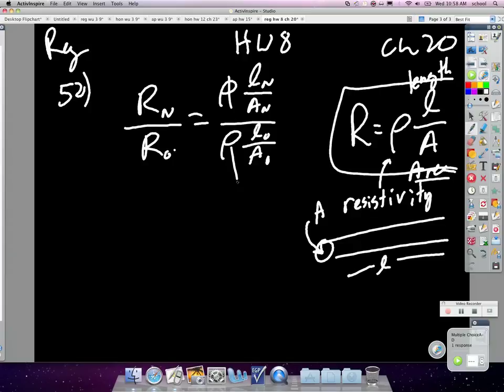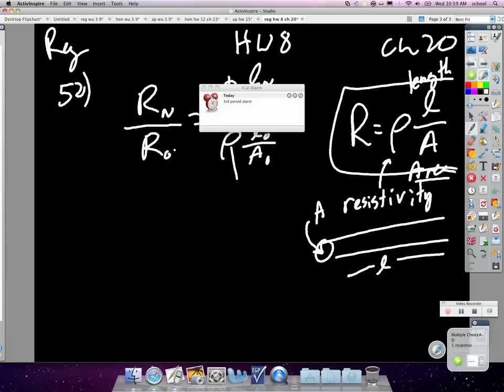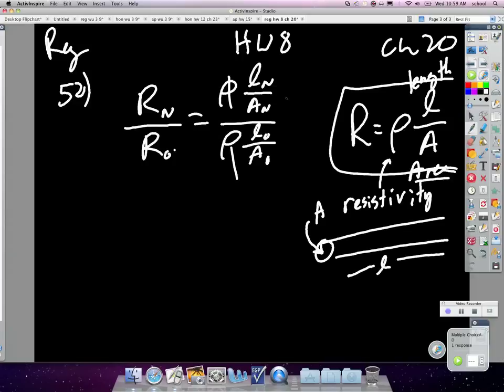And then the question says, since it's the same silver wire that got melted down and reformed, then we can say rho is the same. The silver wire is drawn into a new piece of wire that is twice as long. So 2Lo is equal to Ln.